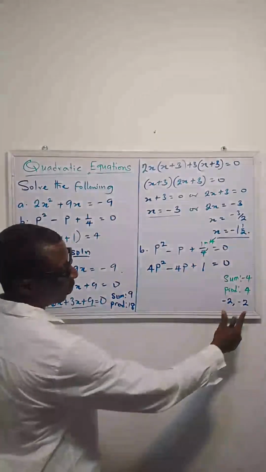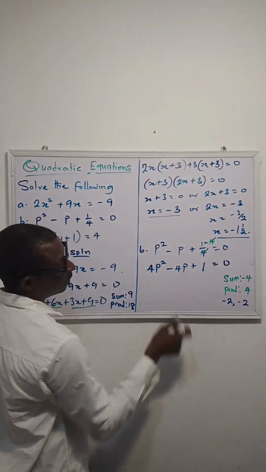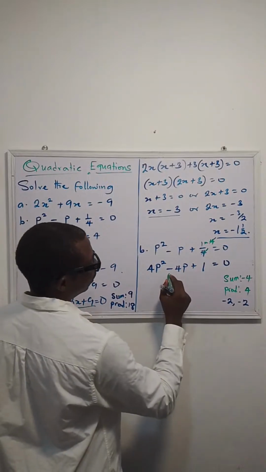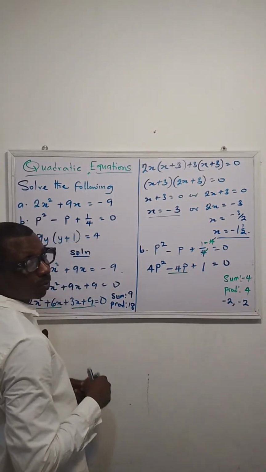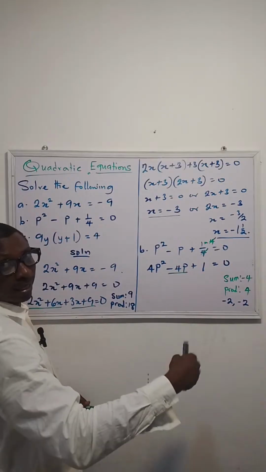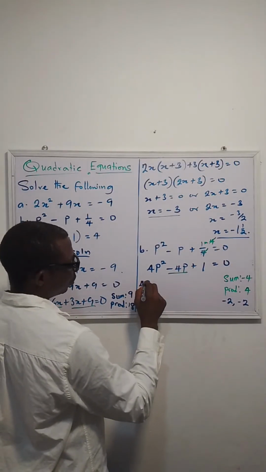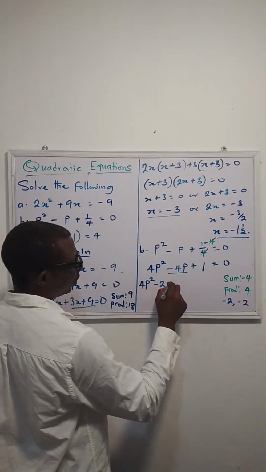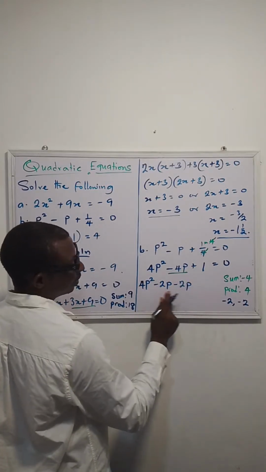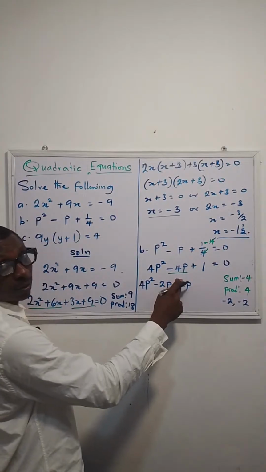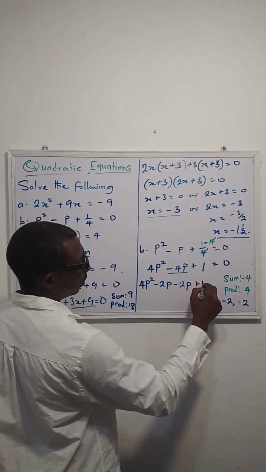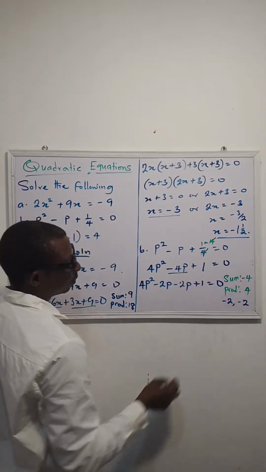So now can we incorporate this here? That means we are splitting this one into 2. That is going to be negative 2p, negative 2p. So let's write: we have 4p squared, negative 2p, negative 2p, and that is the same thing as negative 4p, plus 1 equals 0.